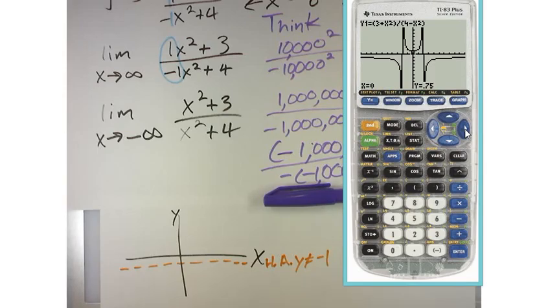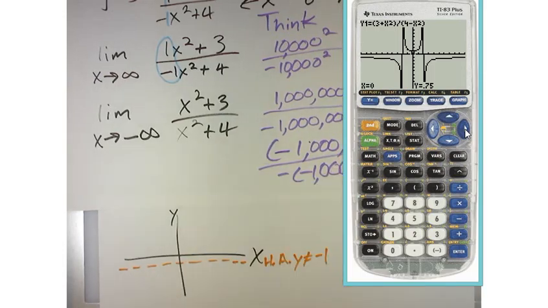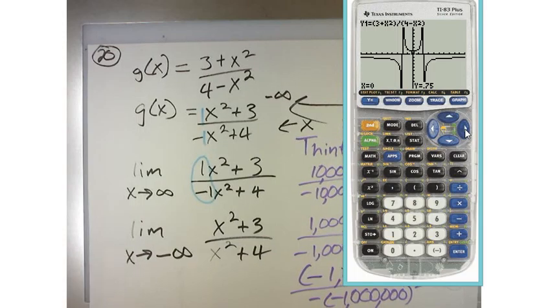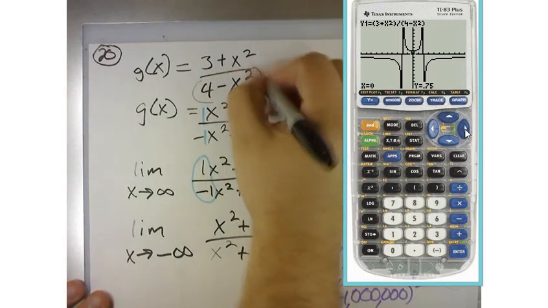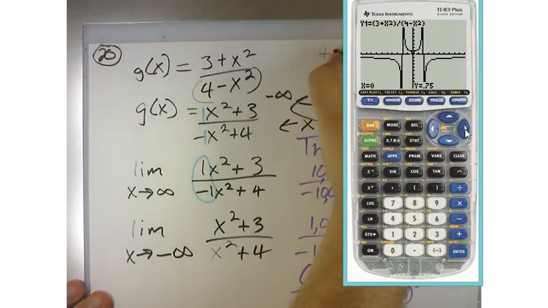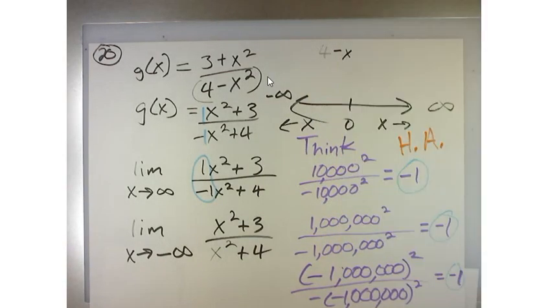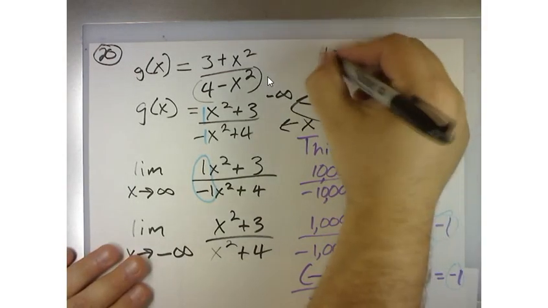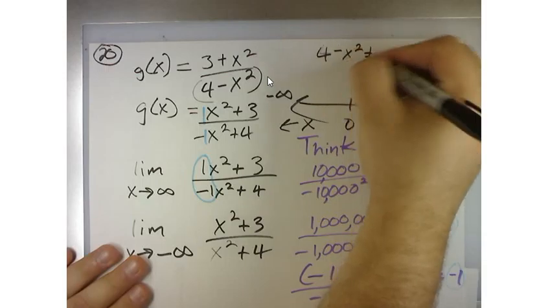Now, does anybody remember why we have a vertical asymptote at 2 and negative 2? Well, it goes back to our denominator. Our denominator is this right here, and that cannot equal 0. So 4 minus x squared cannot equal 0.